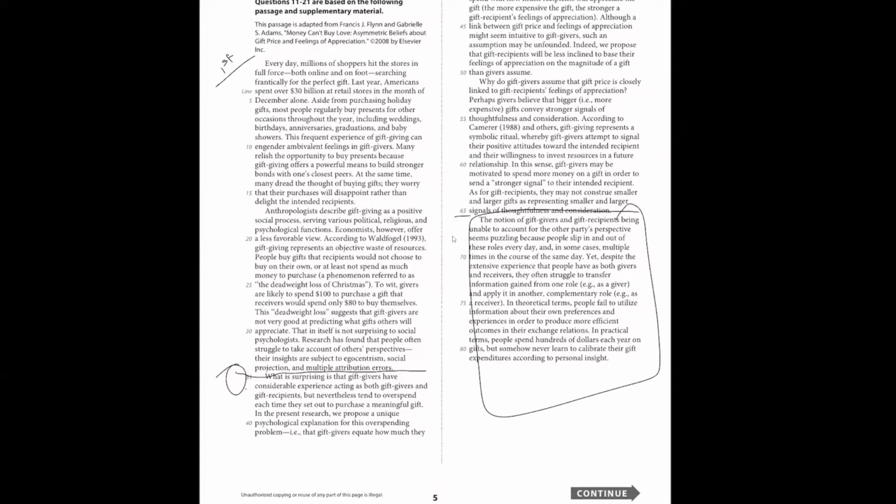When it comes to social science and science passages, one thing you need to know is that typically in the first passage, they introduce a phenomenon, right? They introduce a conception or a misconception, or they introduce a scientific finding or something related to that.